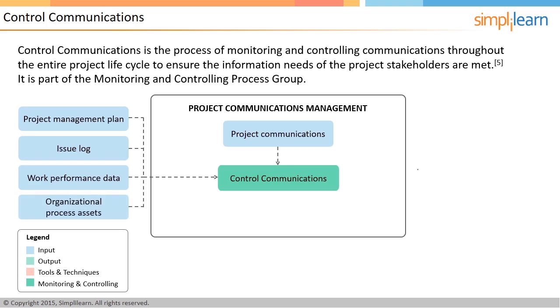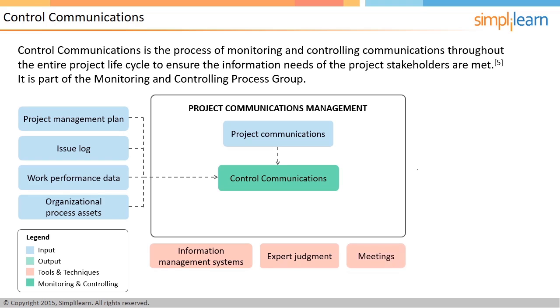Let us look at the tools and techniques in detail. The information management systems provide tools to collect, consolidate, and present the information in the form of cogent, concise communications. Expertise must be sought from different stakeholders on how you should go about this process. Several meetings may be needed to ensure the efficiency and efficacy of the communications.